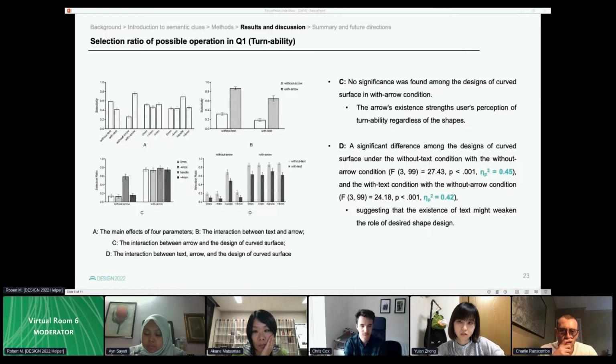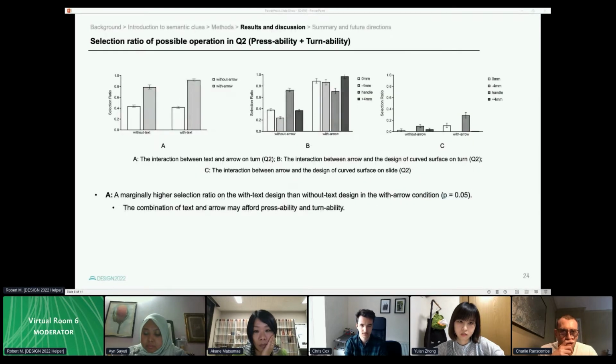Effect size here suggested that text might weaken the role of the desired shape design. For question 2, a marginally higher selection ratio on the with-text design than the without-text design under the with-arrow condition, suggesting the combination of text and arrow may afford multiple operations.